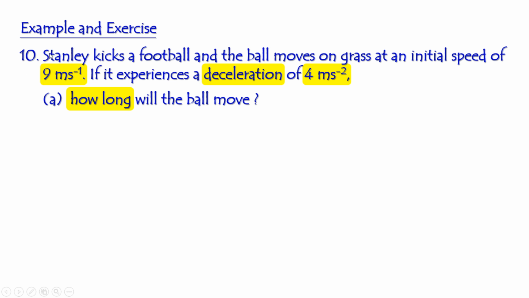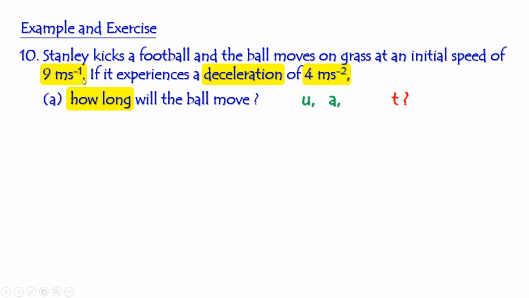So you have the initial speed and the deceleration, and you have to find out the time, right? You have these two, but do you have enough numbers that can help you to solve the problem? Maybe look at the question once again. Stanley kicked a football, and it moved on the grass at an initial speed of 9 meters per second at the beginning, and then it decelerates.